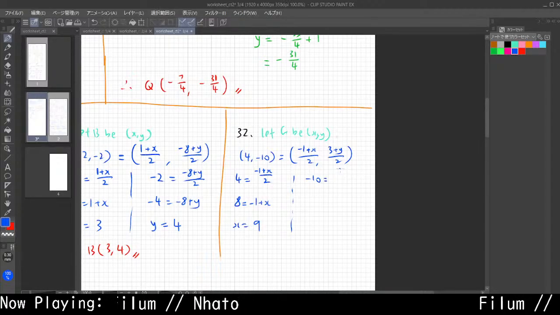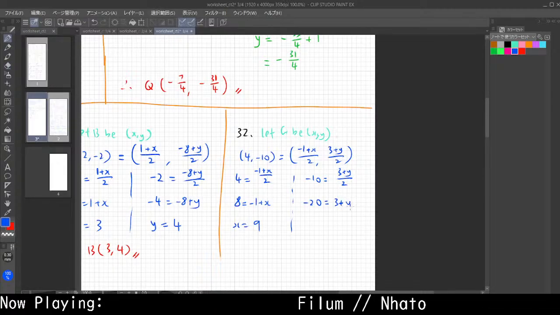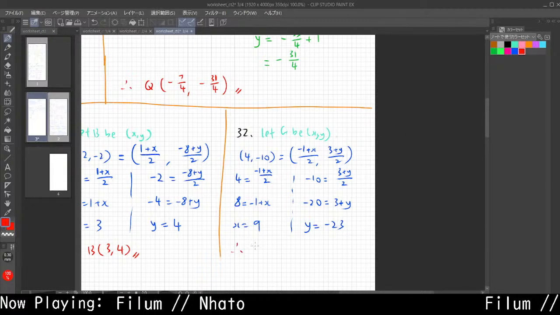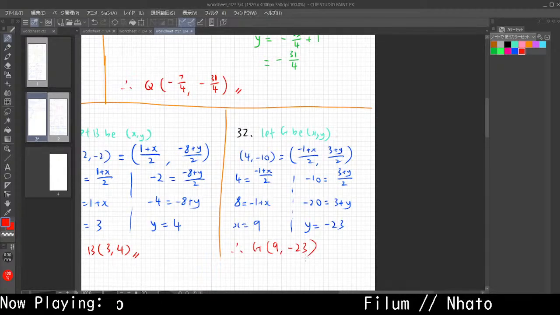Negative 10 equals 3 plus y over 2, negative 20, bring over minus, then this is negative 23. G has coordinates 9 negative 23. Answer.